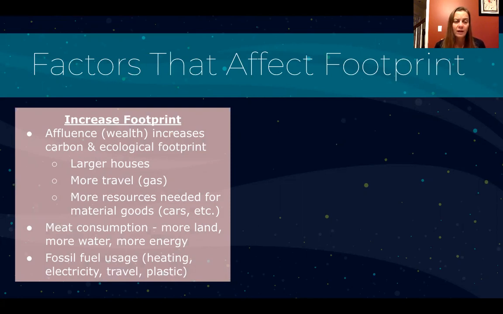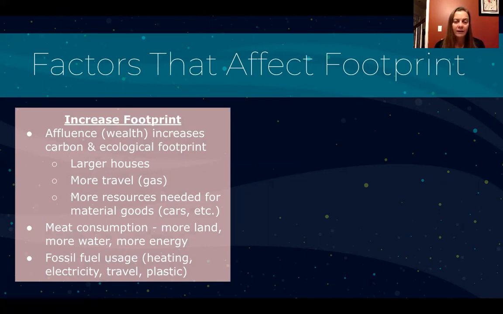All of those things are going to increase the footprint. Also, wealthier people and people in more developed nations tend to eat more meat. Meat requires far more land, more water, and more energy per calorie than vegetables and grains do. And so that tends to increase the footprint significantly.